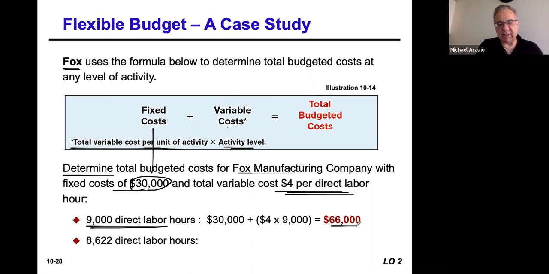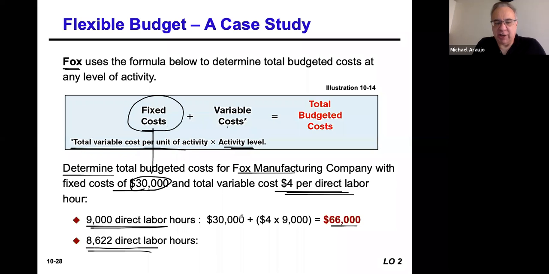So total of 66,000 in budgeted costs if it's 9,000 direct labor hours. What if they only used 8,622 labor hours? Well, again, the fixed costs are not going to change. This 30,000 is going to be the same when we move it down here.